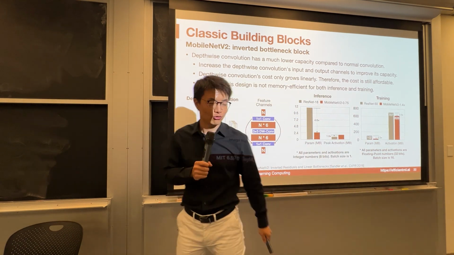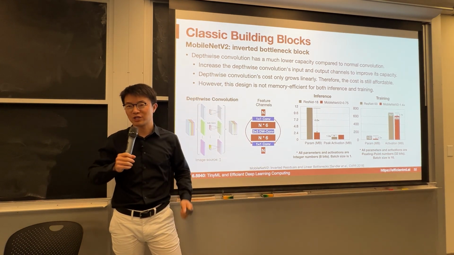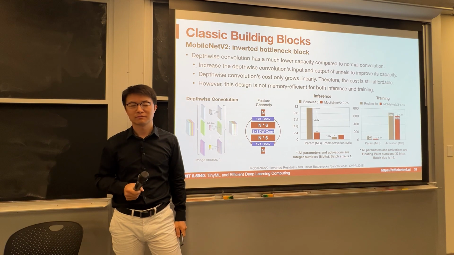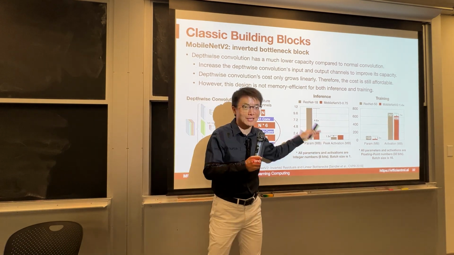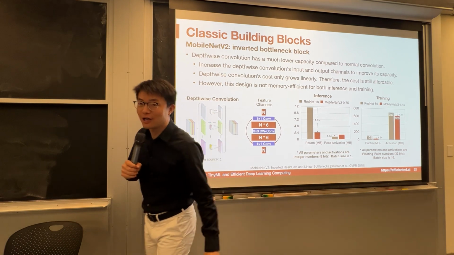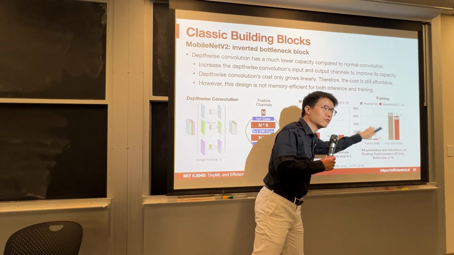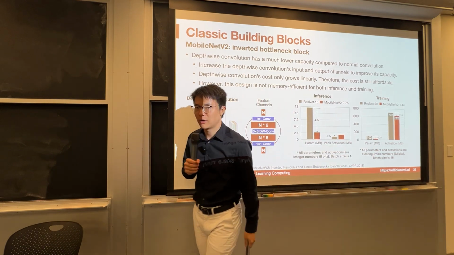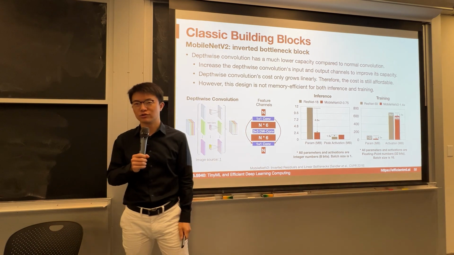That is again due to this inefficiency in the inverted bottleneck, where you have to expand the number of channels. So if you only care about the number of parameters, this is great, 4 times smaller, right? But depending on the scenario, either inference or training, if you care about the activation, this is not the ideal solution.